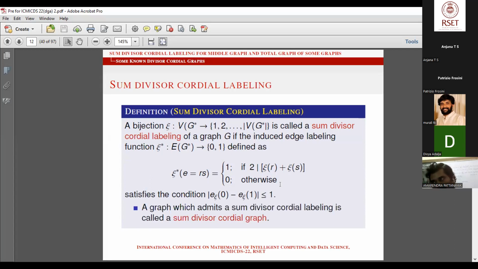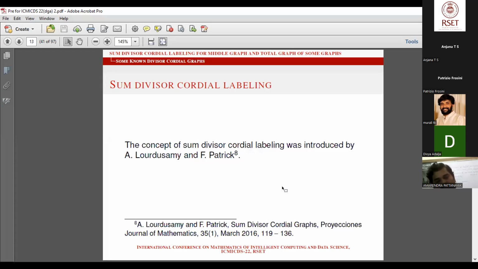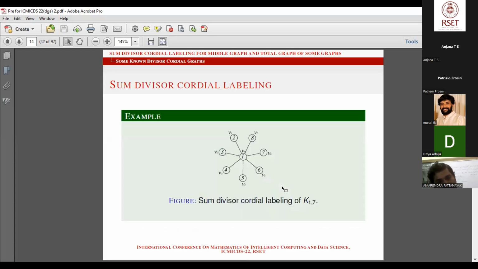A graph which admits a sum divisor cordial labeling is known as a sum divisor cordial graph. The concept of sum divisor cordial labeling was introduced by Lourdusamy and F. Patrick in 2016.